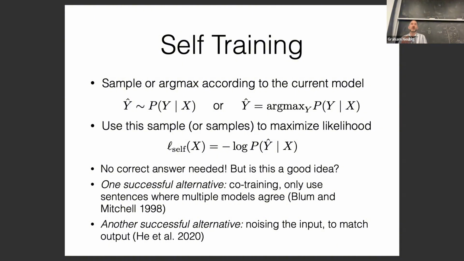Another successful alternative is adding noise to the input to match the fact that we have noise in the output, and that has been found to make models more robust. Also, recently, there have been some works on self-training with large language models.